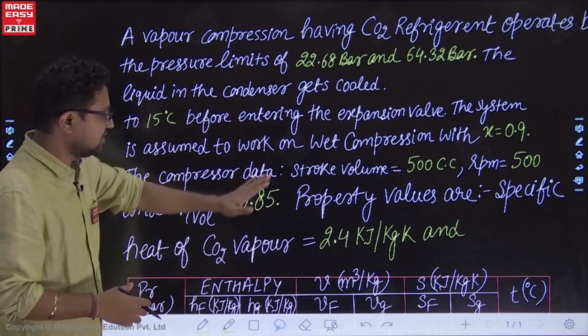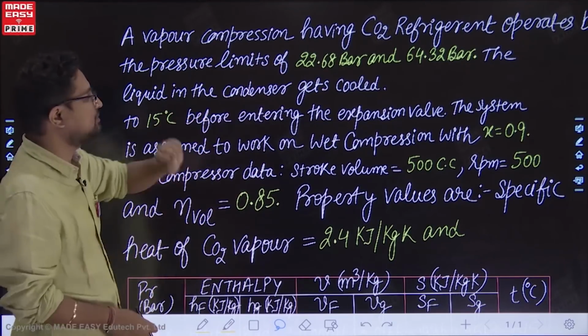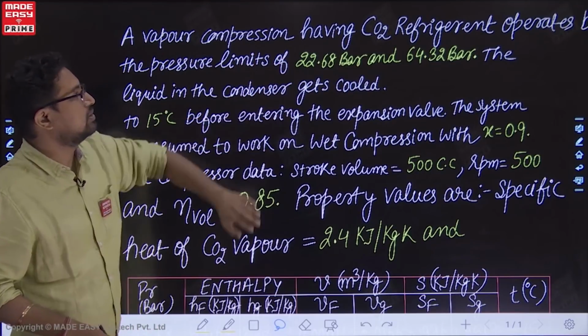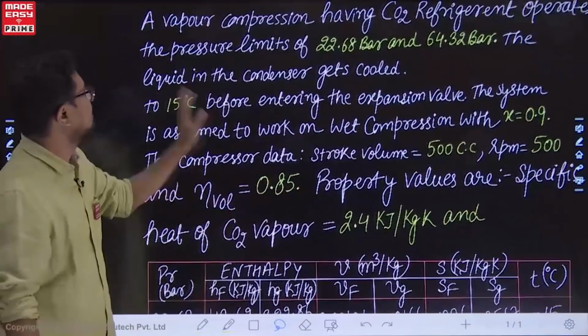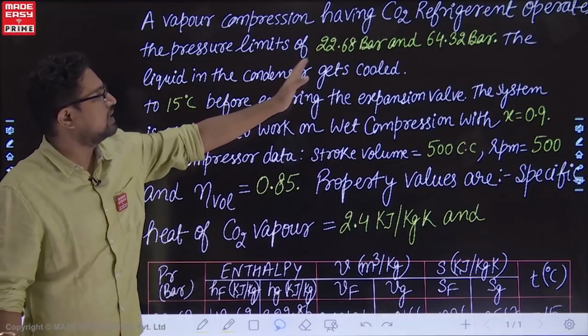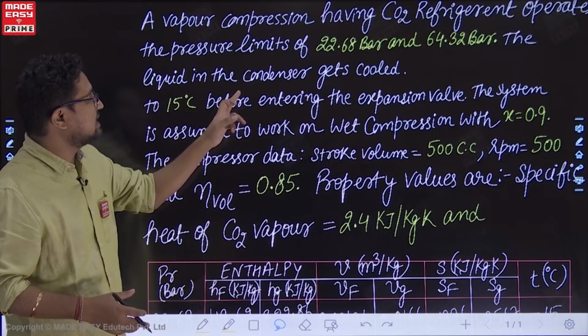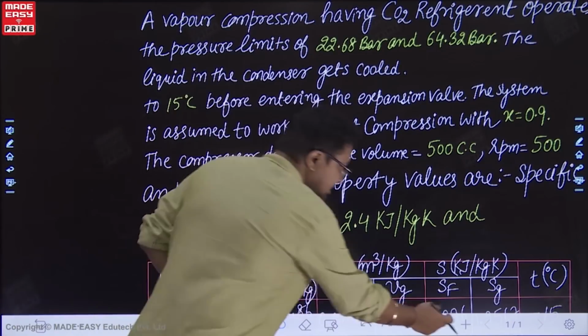So this problem which we read before understanding the entire explanation. It was a vapor compression system having CO2 refrigerant operating between a lower and higher pressure limit as given. The liquid in the condenser gets cooled to 15 degrees Celsius. So let me draw this situation on the TS diagram.